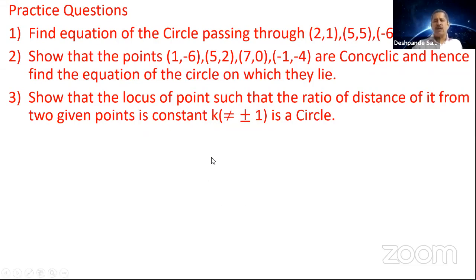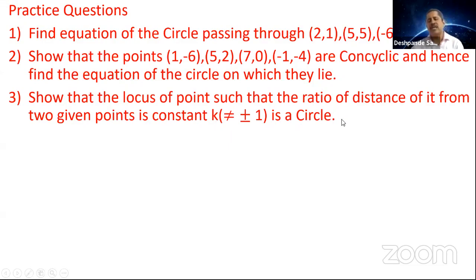Once you try to solve that, you are going to get an equation of a circle. So the locus of a point whose ratio of distances from the 2 given points is constant is a circle. If you take the points as A and B, PA by PB is equal to K. When you solve that, you get the circle equation.